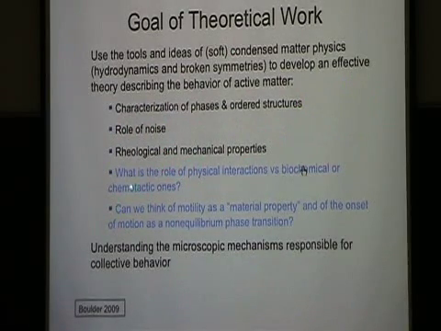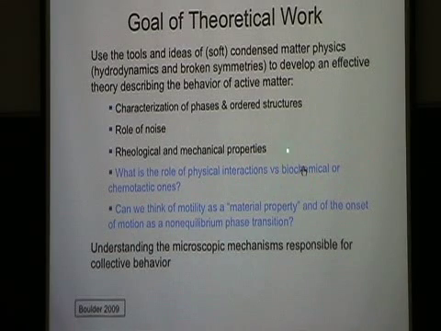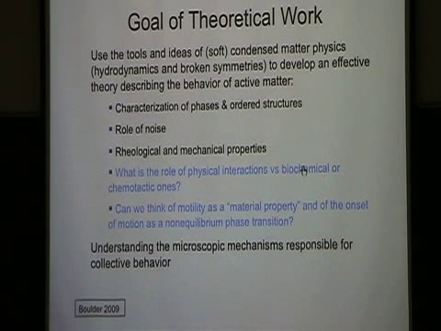But in particular, what I think is important to try to do is to really use all of this to understand how far physics can go in understanding its behavior, meaning what behavior can you explain by putting in just physical interactions, such as excluded volume or hydrodynamic interactions with the fluid, and what kind of behavior cannot be explained by that, but actually you have to put in things like some biochemical interactions or chemotactic interactions, which are in some sense beyond the scope of what I will be talking about today.